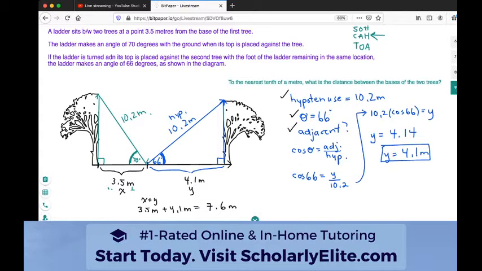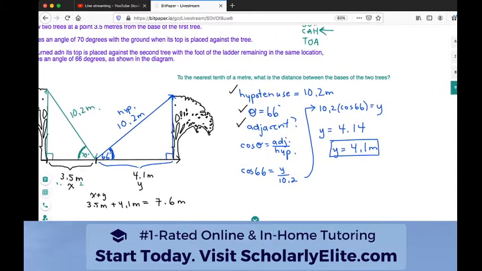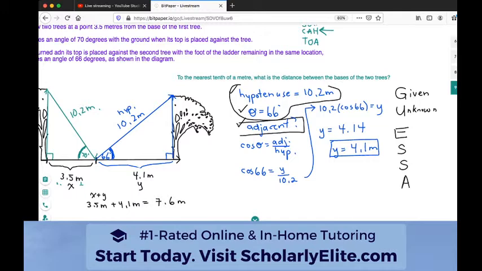So this is a strategy I use for word problems. It's called GUESSA. I'll show you what I mean. In a word problem, you have a bunch of different things you've been told. So here I write down what's given, which is what I've done here. Then over here, I write down the unknown, which I did in this part. I did not know the adjacent, and that's what I'm solving for.